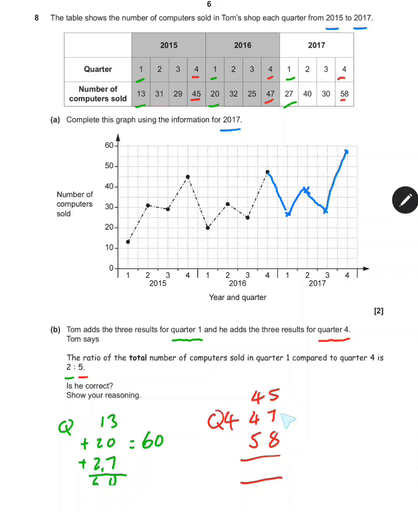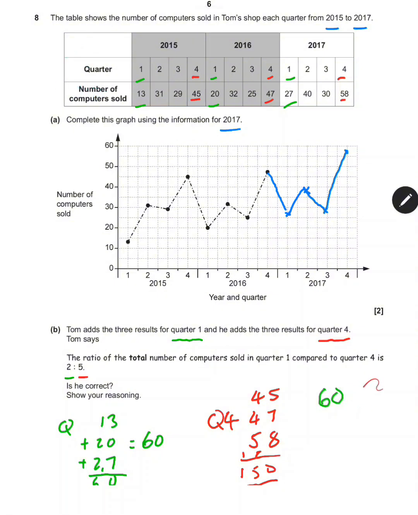Five add 7 is 12, add 8 is 20, and then we've got 4, 8, 9, 10, that would be 15. And then we've got the one there. So we've got 150. So what we've got here, quarter one is 60.